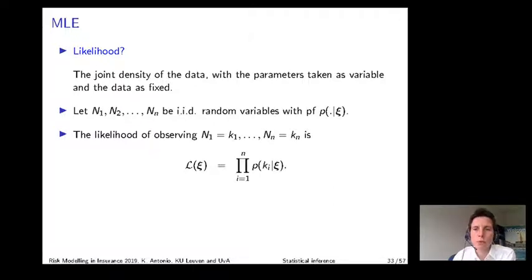The likelihood of observing outcomes k1 up to kn for those random variables is then given by their joint density. Now, since these variables are independent, that is simply the product of the probability function of each random variable Ni evaluated in the registered or the observed outcome ki.